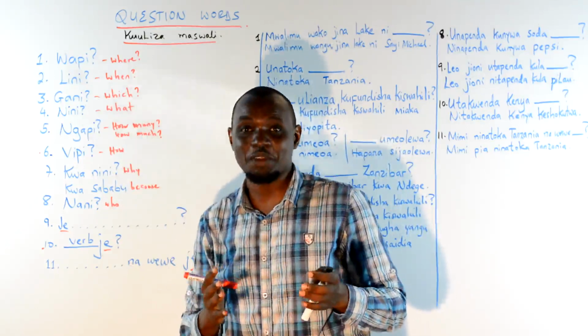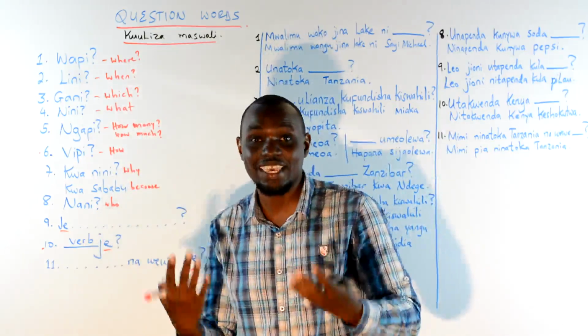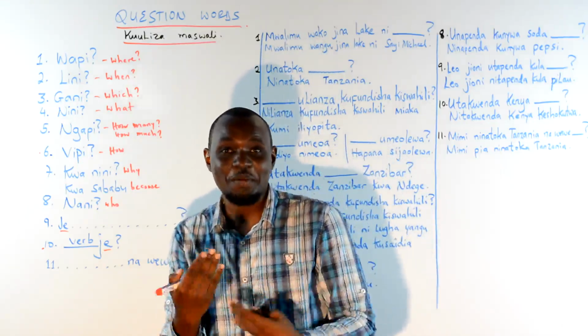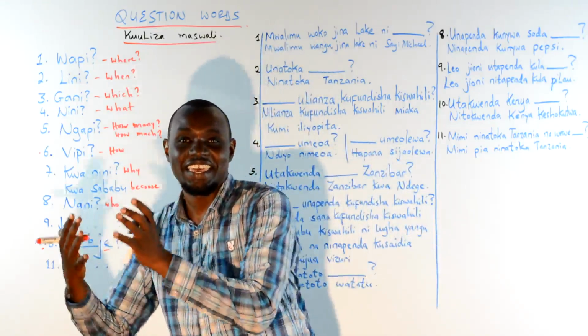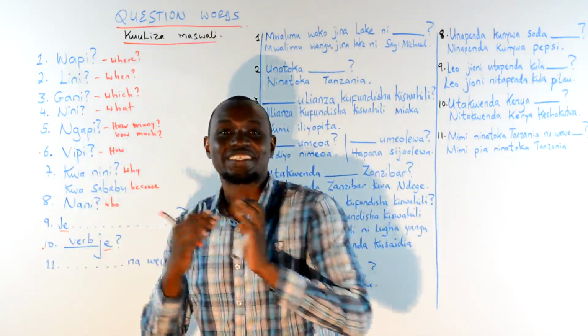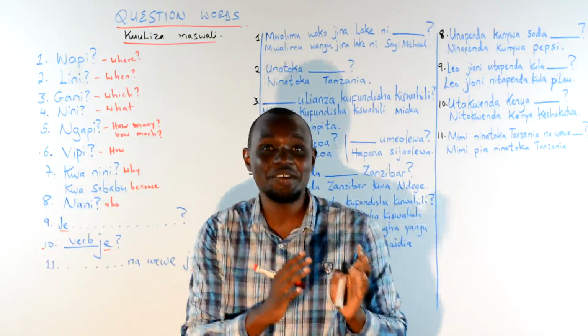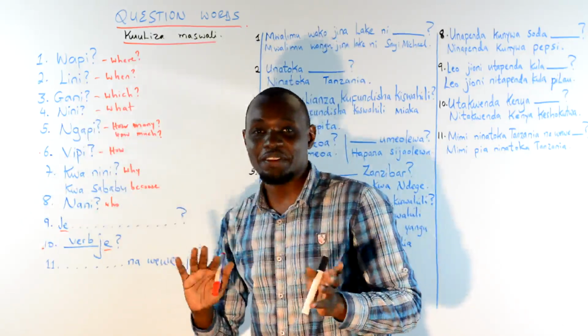Lini, even lini, you can put in the beginning of your sentence or at the end of your sentence. It doesn't matter. You can ask me, Sai, when are you coming to my country? You will say, Sai, unakuja lini nchini kwangu? Or lini unakuja nchini kwangu, Sai. So you can put lini at the end or in the beginning.